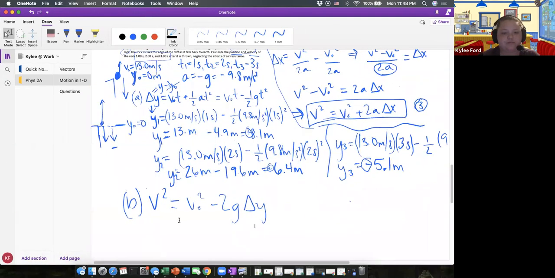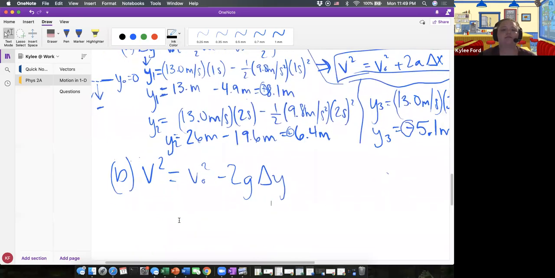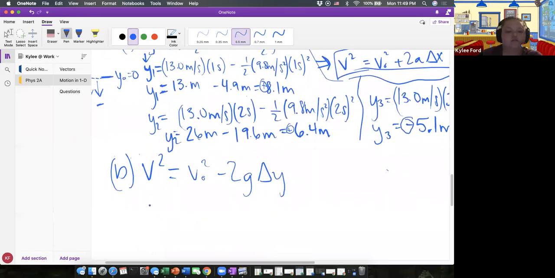So for my first velocity at time t equals 1, I have my initial velocity, which is 13.0 meters per second.